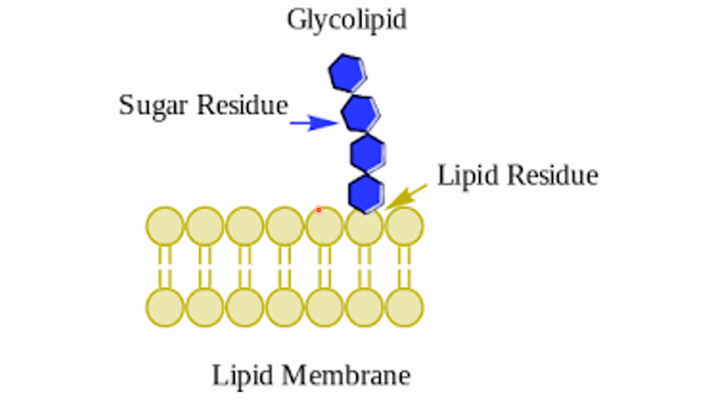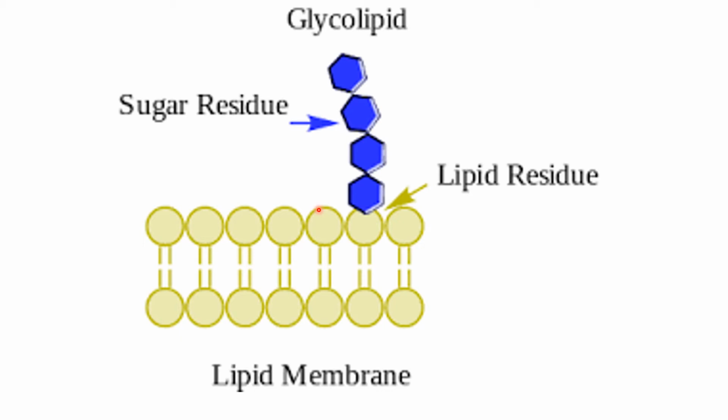In the previous slide, we discussed sphingolipids, and sphingolipids were those lipids where the alcohol is sphingosine. And sphingolipids can be sphingophospholipid, that is sphingomyelin, or they can be cerebrosides or gangliosides.